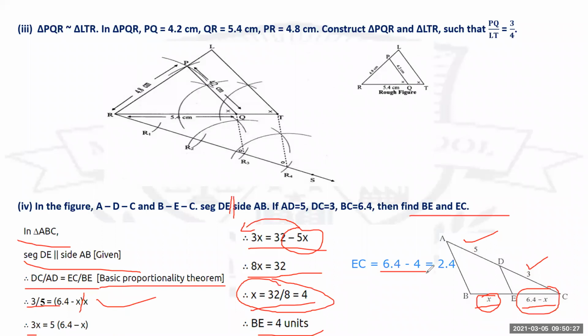Please explain how you find the value of x. By the basic proportionality theorem, you have written 3 upon 5 equals (6.4 minus x) upon x. Till here you have understood, beta? This x would get multiplied with 3. You are reshuffling the terms, so you get 3x, and 5 goes up in the numerator place, so that is 5 into (6.4 minus x).